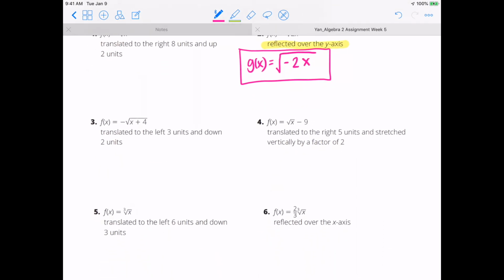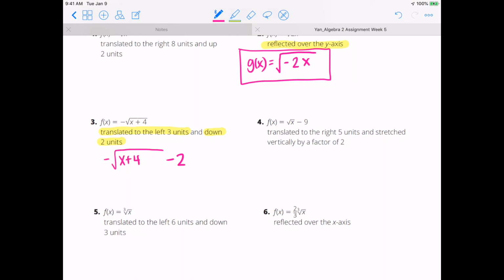Number 3. Originally it has negative square root of x plus 4, and now they want to translate left 3 units and down 2 units. I think down 2 units is easier, so I'm going to put minus 2 in the back.